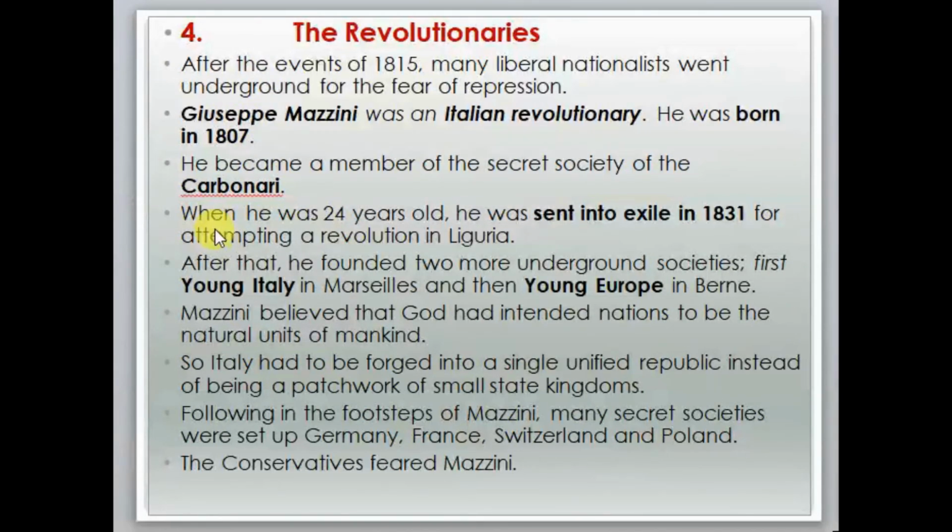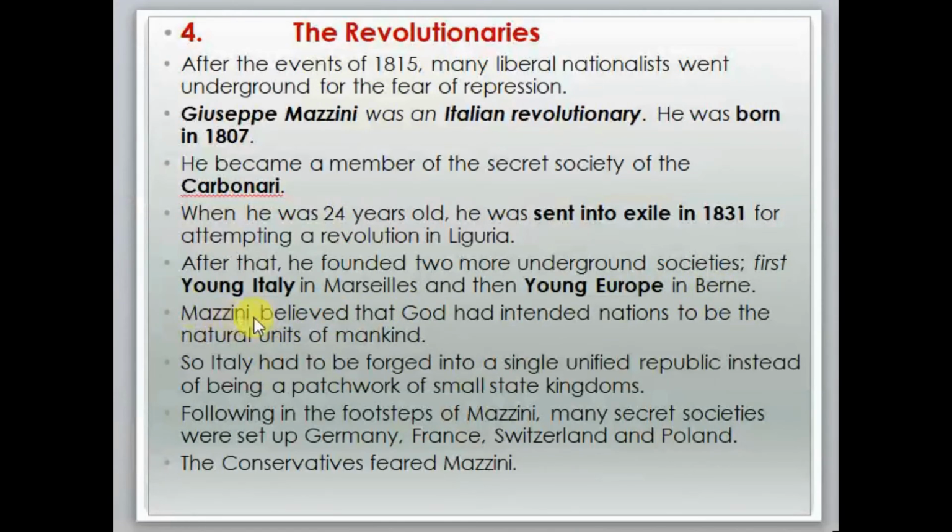When he was 24 years old, he was sent into exile in 1831 for attempting a revolution in Liguria. After that, he founded two more underground societies, first Young Italy in Marseille and then Young Europe in Bern.